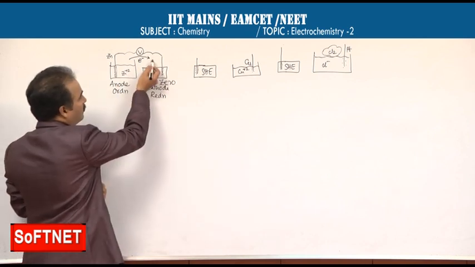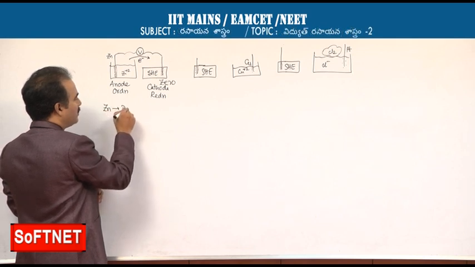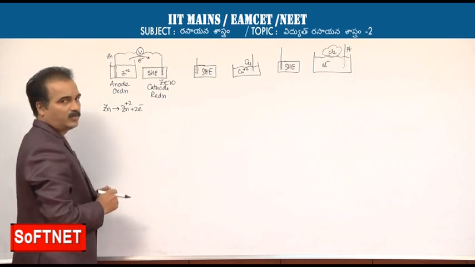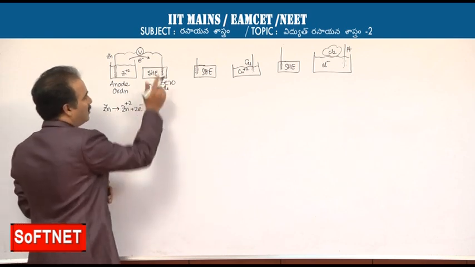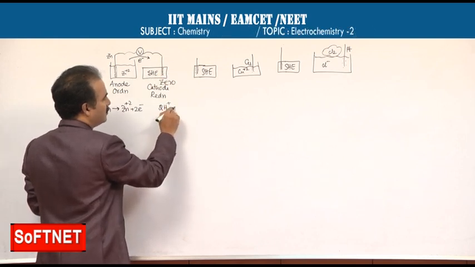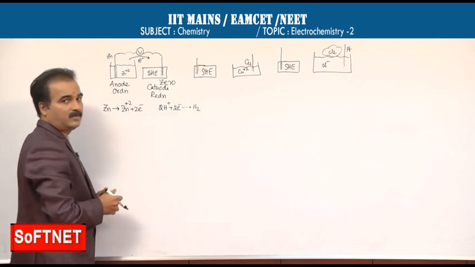The electrons are flowing in this direction, so the reaction occurring at the zinc electrode is Zn becomes Zn plus 2 plus 2 electrons, and here the 2 electrons are received by 2 H plus ions and convert into H2, that is, hydrogen gas is liberated here.